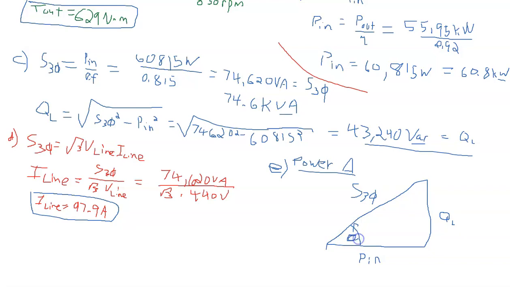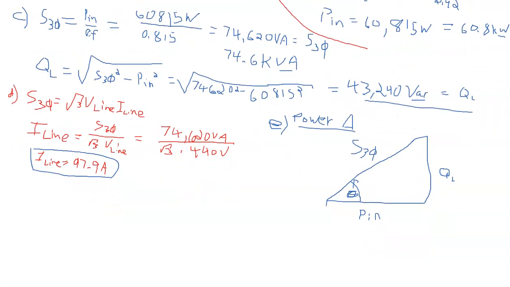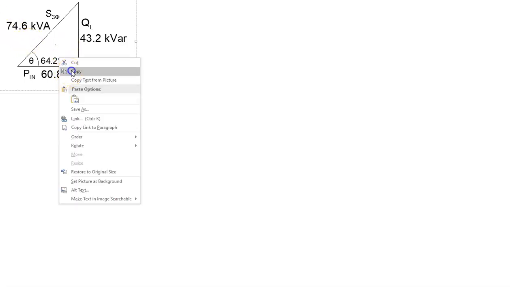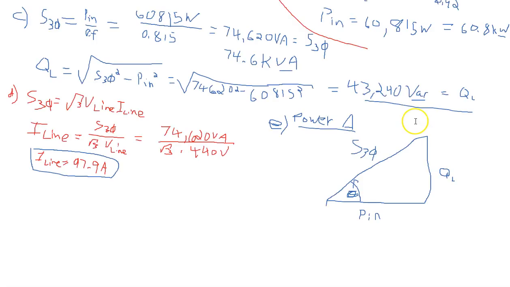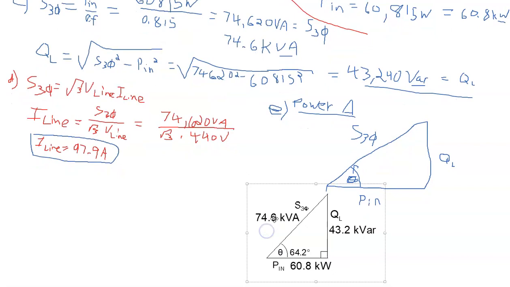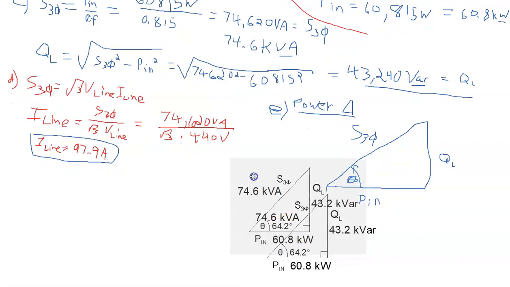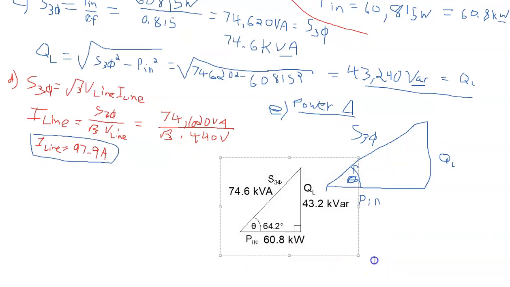Now, I've taken the liberty of bringing in a power triangle that I produced with a word processor, a little bit neater than my sketch, and labeled with the values that we calculated here.